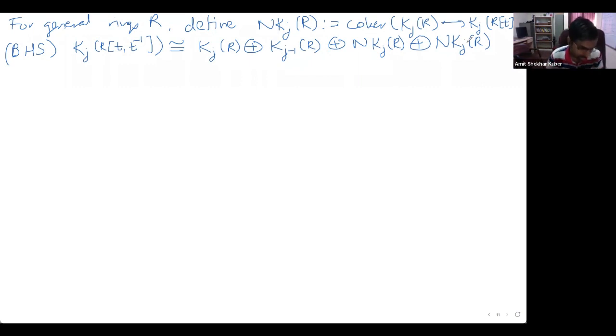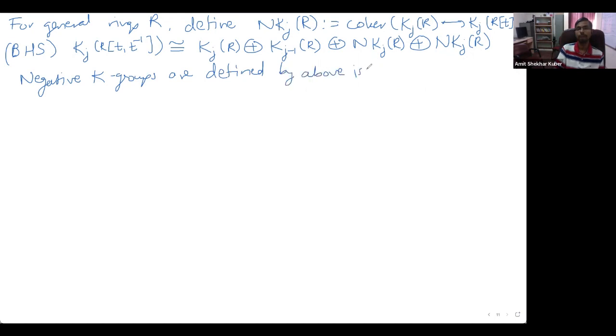So this can be used to define the negative K groups. So this is how negative K groups are defined by the above isomorphism. Because you do it for 0, then you get -1, then for -1 you get -2, and so on, inductively.